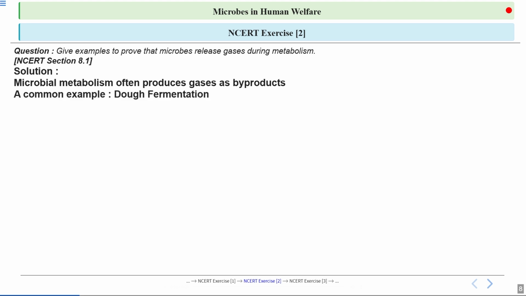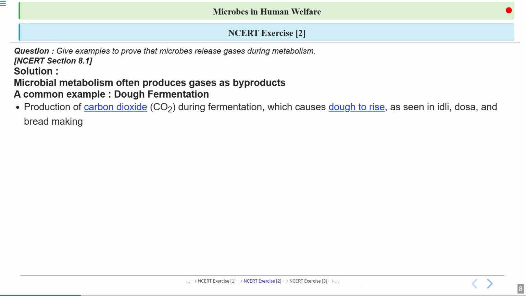A well-known example of this process is fermentation of dough, used for making food like idlis, dosas, and bread. During fermentation, carbon dioxide gas is produced. What is fermentation? Anaerobic respiration. This gas causes the dough to rise, giving it a light and fluffy texture.